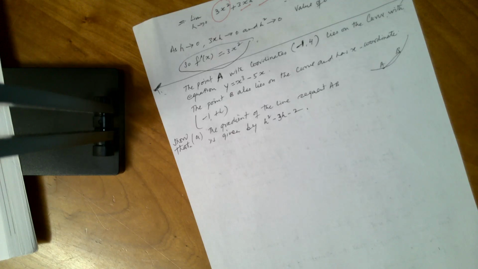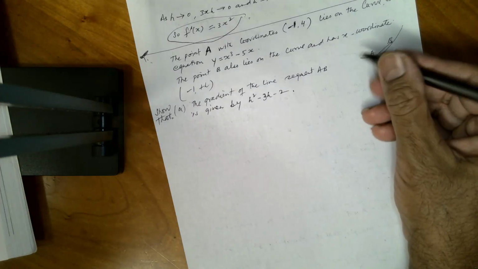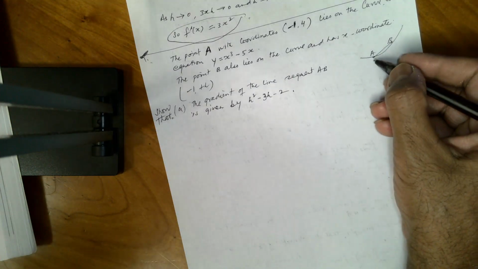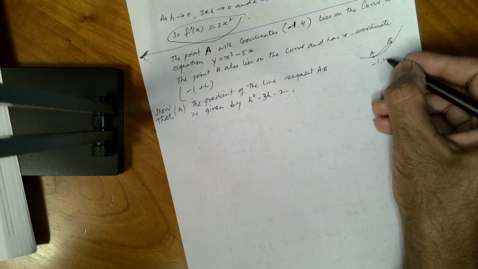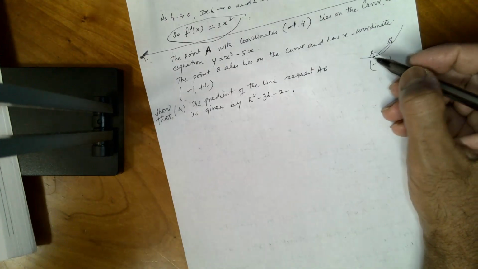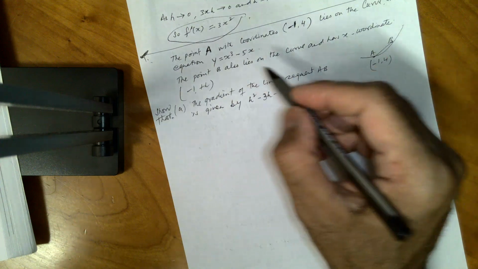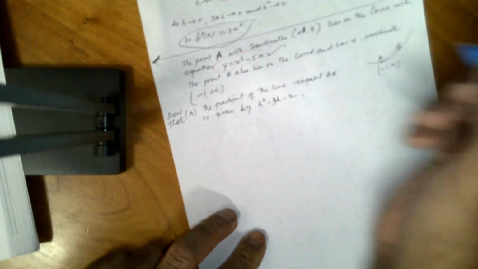How will you do this now? As you know, the point A is -1 and 4, and you have the curve equation.